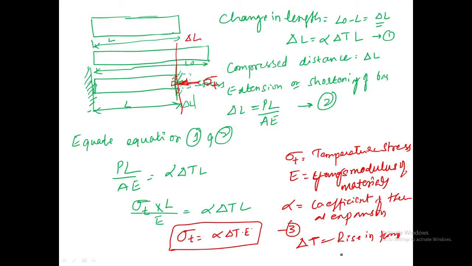Delta T is in degrees Celsius, alpha is per degree Celsius, that is unit length per unit degree Celsius, mm per degree Celsius or meter per degree Celsius.